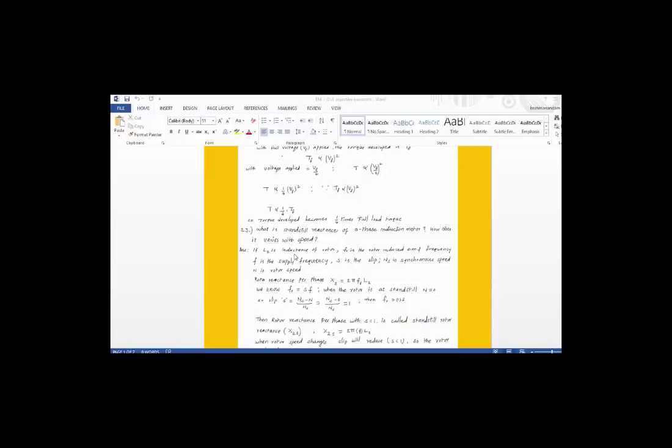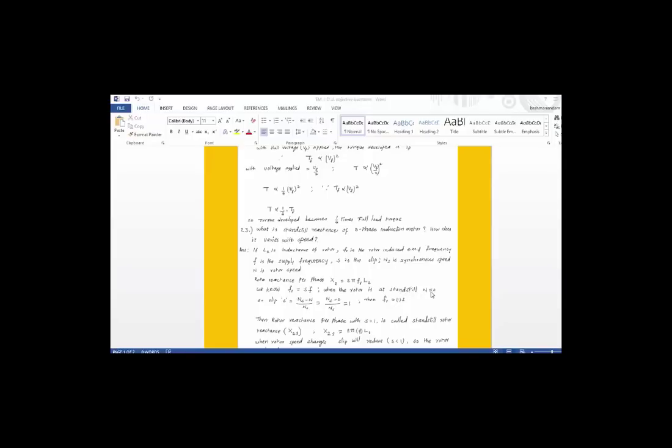The answer is, if L2 is inductance of rotor, Fr is the rotor induced EMF frequency, F is the supply frequency, S is the slip, Ns is the synchronous speed, N is rotor speed, then rotor reactance per phase can be written as X2 is equal to 2 pi Fr into L2. We know rotor frequency Fr is equal to slip into supply frequency F.